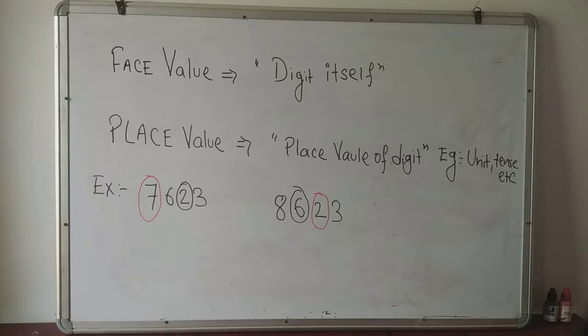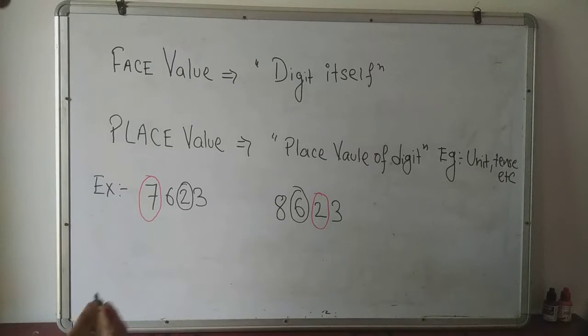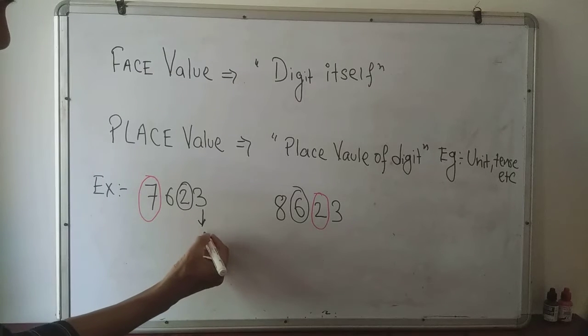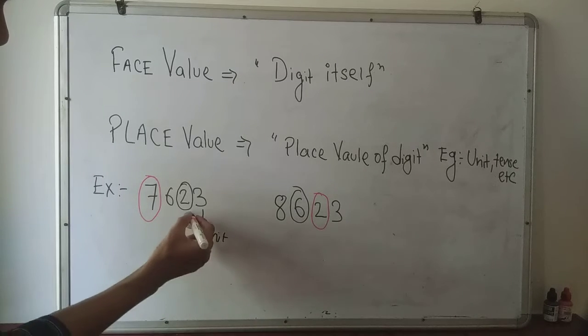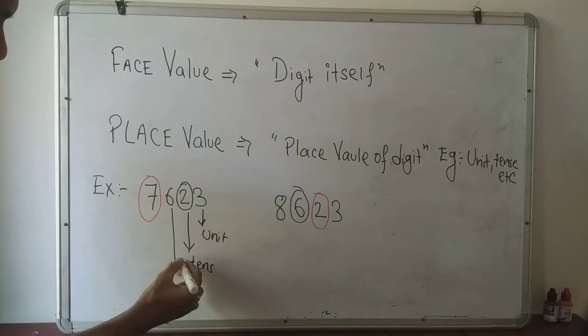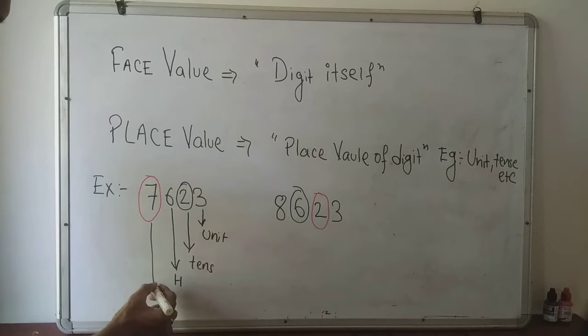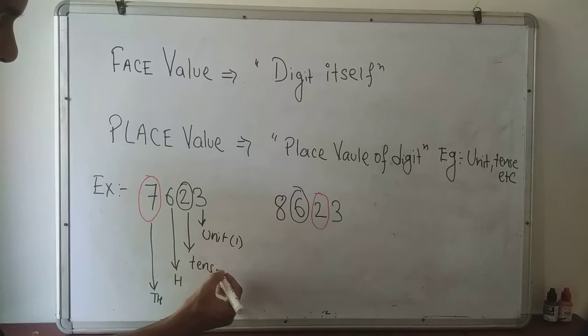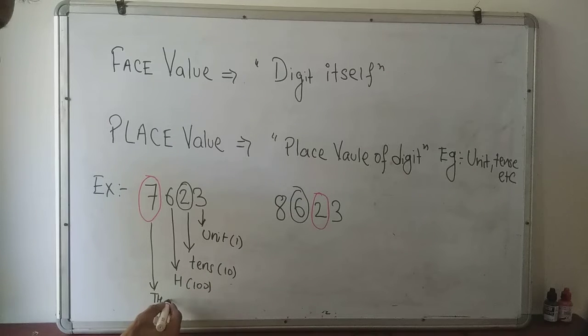For example, in 7623, if we find the place value of 7, how can we write it? This digit represents unit, this digit represents tens, this digit represents hundred, and this digit represents thousand. Unit means 1, tens means 10, hundred means 100, and thousand means, of course, 1000.